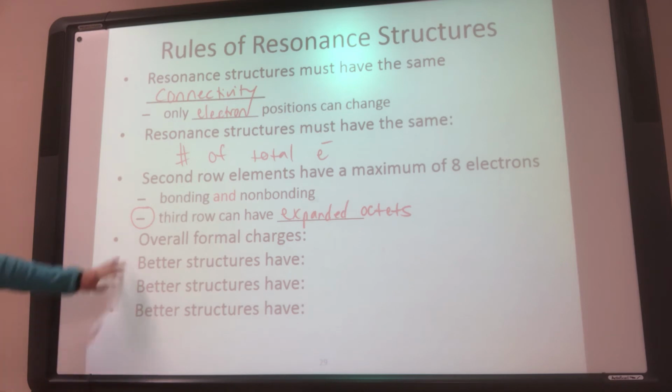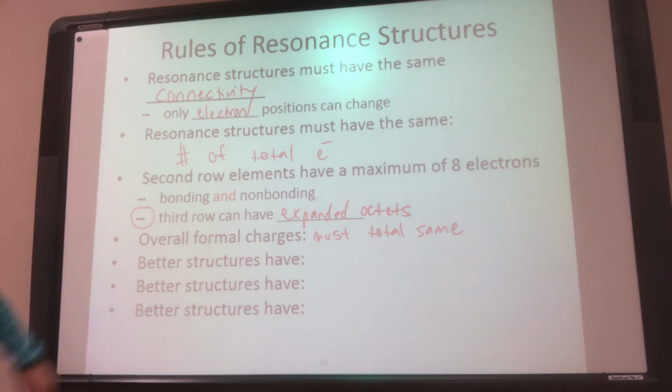The overall formal charges must total the same. To be a resonance structure, they have to have the same overall formal charge. So if I add up all the formal charges, they have to equal the same. The better structures, if I'm trying to figure out what the best structure is, have fewer formal charges.